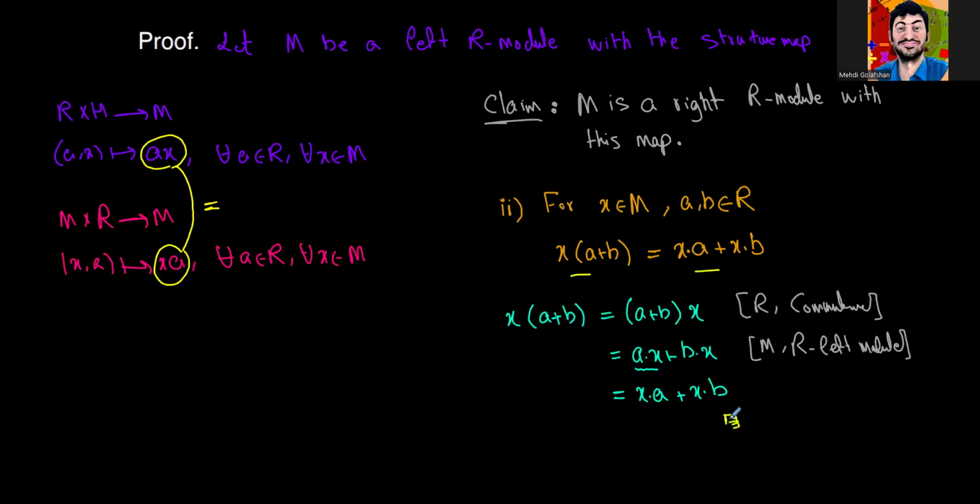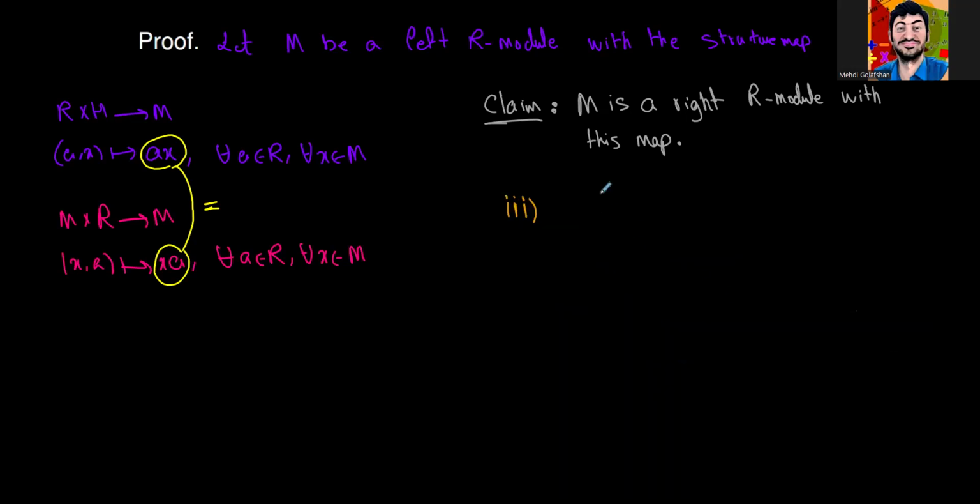Let's check the last condition. For x in M and a and b in the ring, we want to see that x times ab is equal to (x times a) times b.